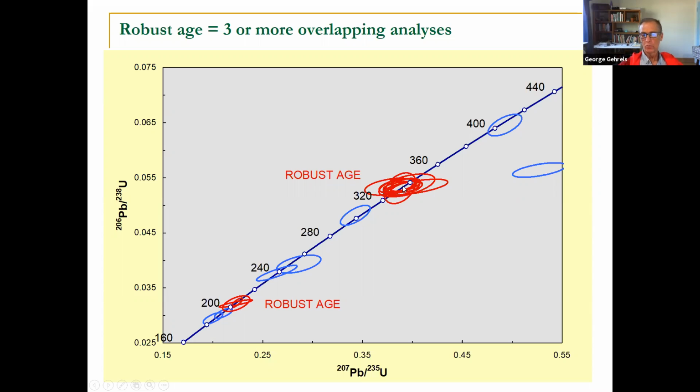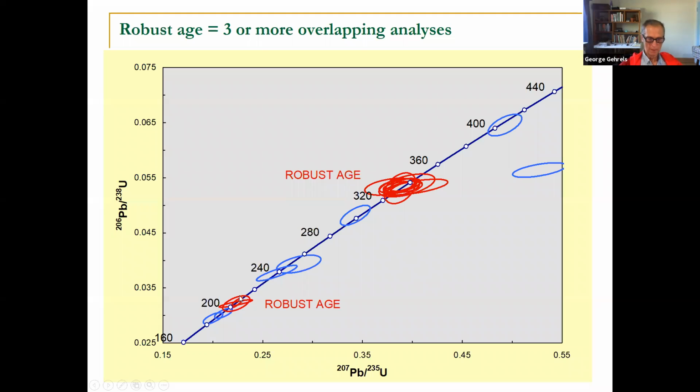Is there anybody who would be reluctant to say that this sample has zircons that are 350 million years old? Is there any doubt about that in your mind? Probably not, right? The fact that all of these 8 analyses sit on top of each other, they're sitting right on top of Concordia, I would take that to the bank. No question about it. You definitely have zircons of that age.